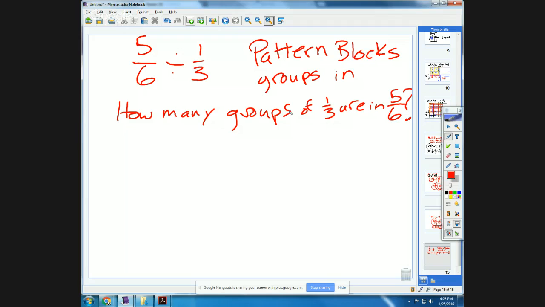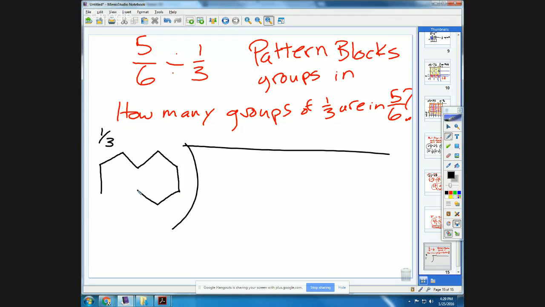And when you ask the question that way, it leads you to kind of draw the division box. So I'm going to try to preview this, wish me luck. So here's my division box. 1/3 goes on the outside because that's what I'm trying to push into the other one. So I have to draw my whole so I can find 1/3. And let's see if I remember right. We use the rhombuses to get 1/3. Does that sound right? Yes. Okay.